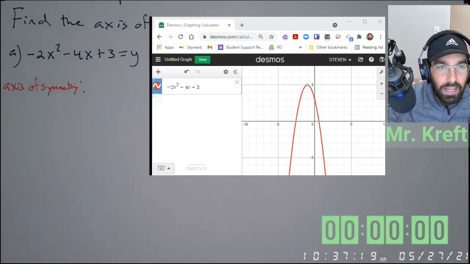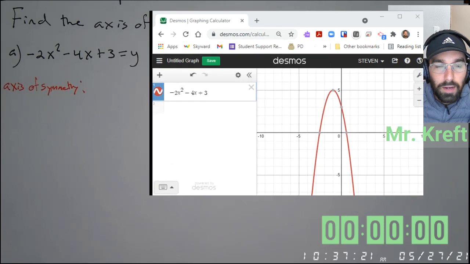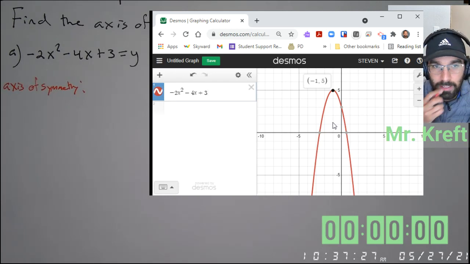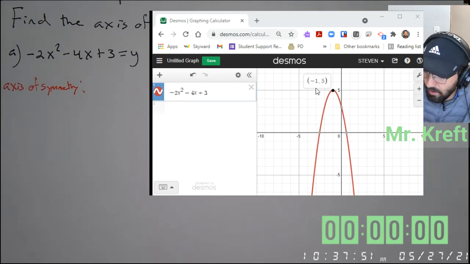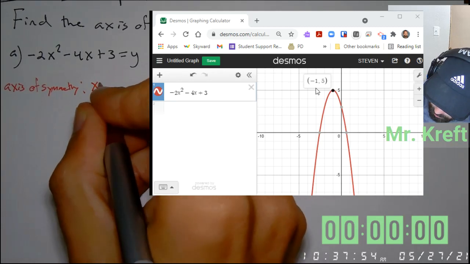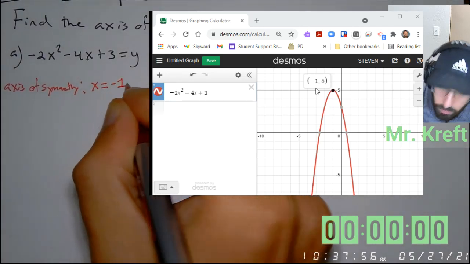If I look at my graph, the axis of symmetry is what breaks it down the middle. I can do that by looking at my vertex. It's the line going up and down, like a pencil held vertically, cutting it in half on either side. The x value here is -1, so my axis of symmetry is x equals -1.